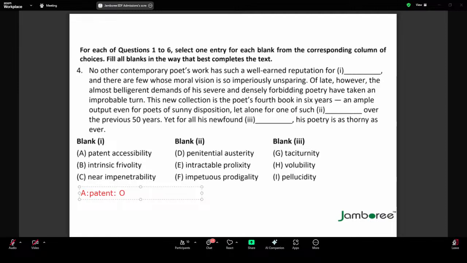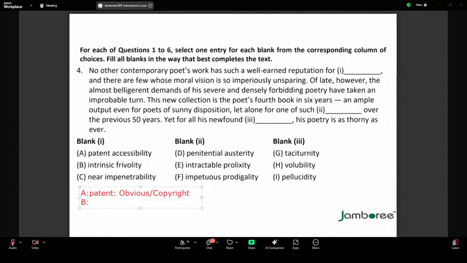Here, patent means the meaning is obvious. Patent accessibility. Patent then also means copyright, obviously. Plus the second word, which is accessible. Something is accessible, it's easy, straightforward.